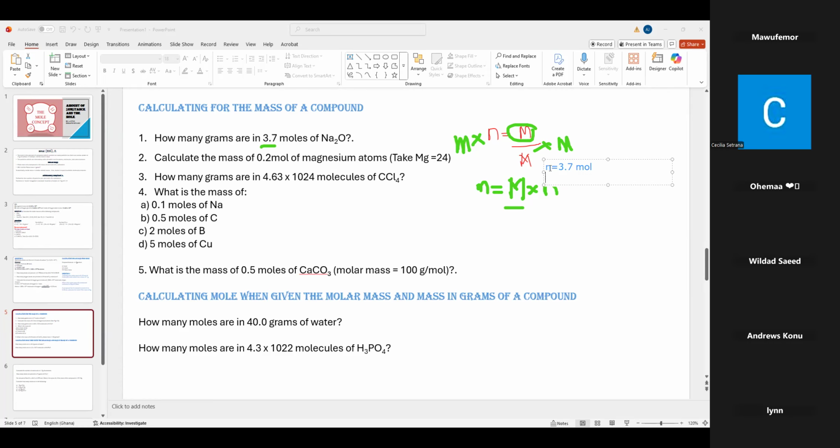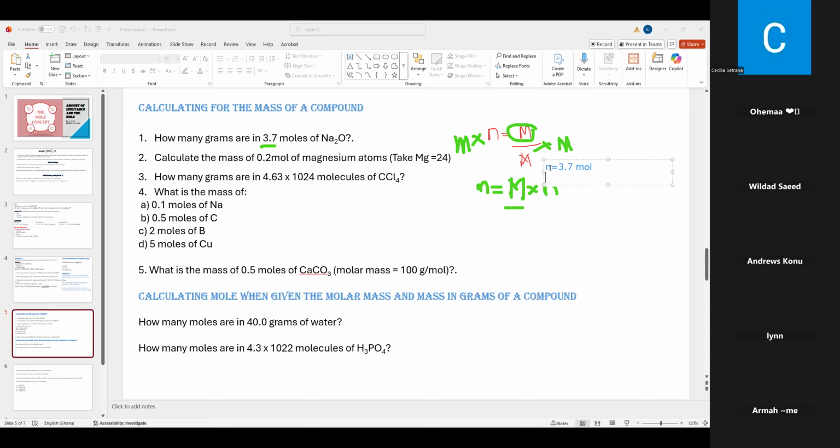Everyone should find the molar mass of sodium oxide. If you finish, raise your hand. I'll call you.